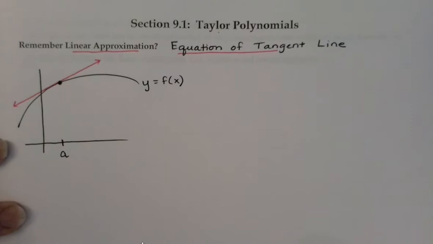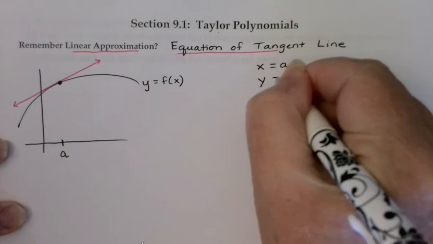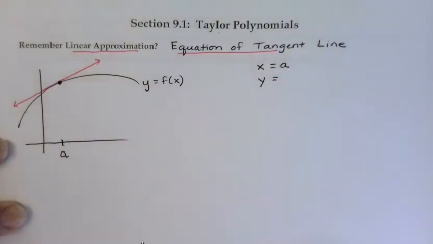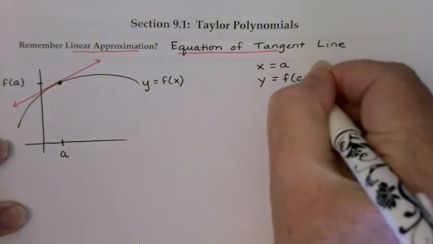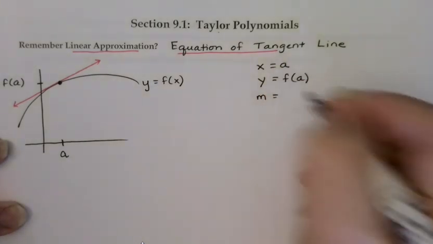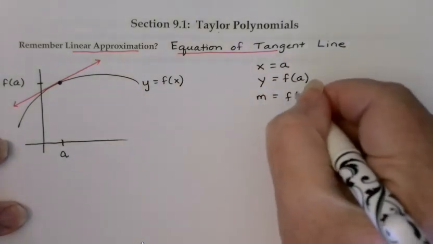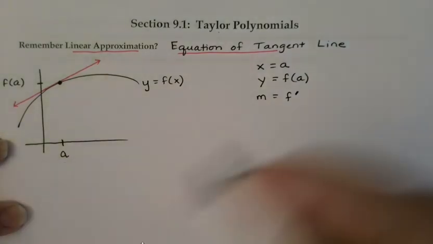So my point would just be x equals a, and to get y, we'd just plug a into our function, so the y value here would be f of a. And the slope is always the derivative, so f prime, and we're going to plug that a value into f prime.